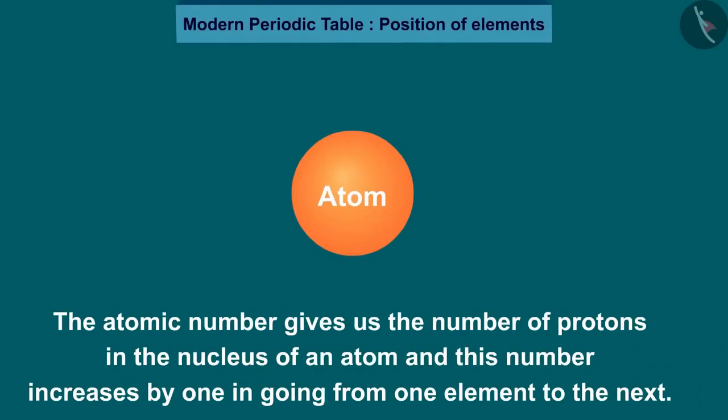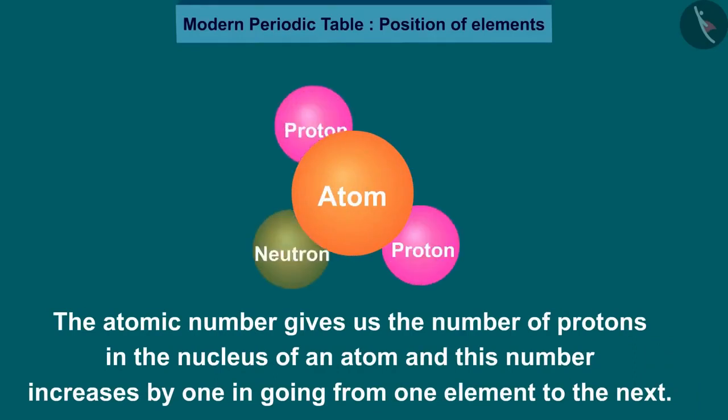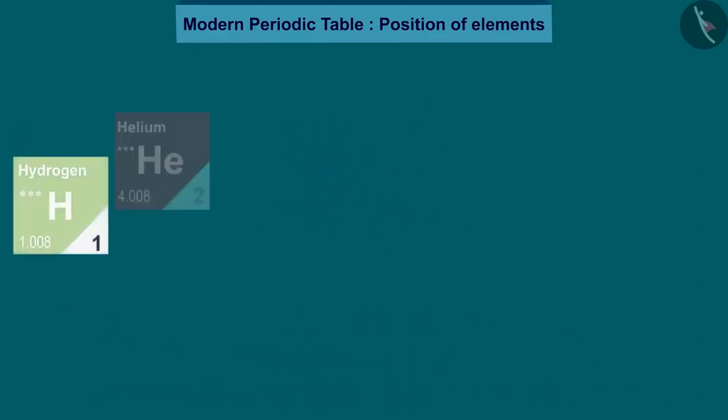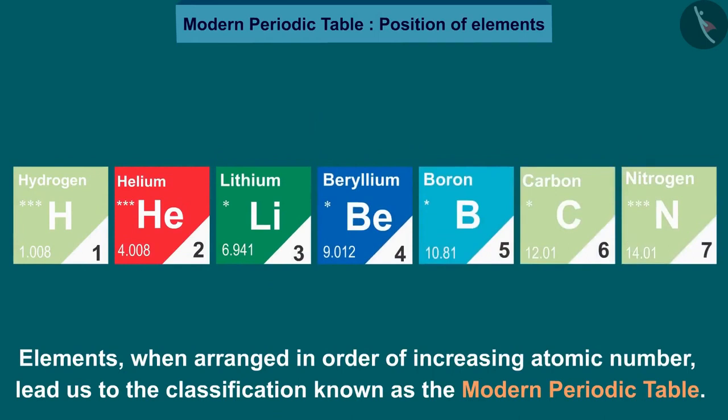The atomic number gives us the number of protons in the nucleus of an atom, and this number increases by 1 in going from one element to the next. Elements, when arranged in order of increasing atomic number, lead us to the classification known as the modern periodic table.